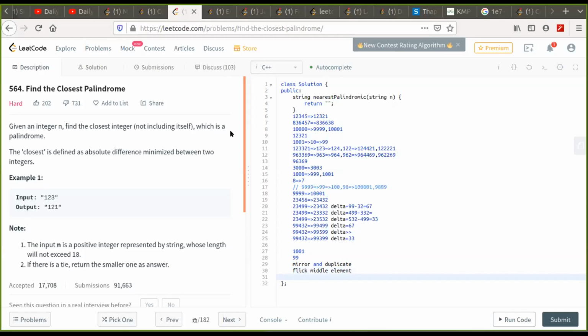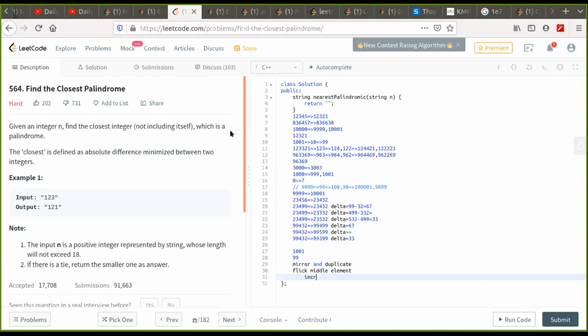I will share the code, though it's not my direct approach. I solved it a year back, and it was in my saved code, so I will share it. Now you know the idea, so it will totally make sense, I believe. Could you please tell the 5th approach of the 4 I have mentioned? I think the 4th one is actually 2 cases: flip the middle element, one time you increase, one time you decrease.